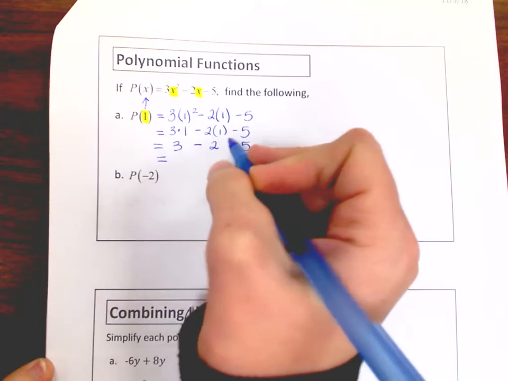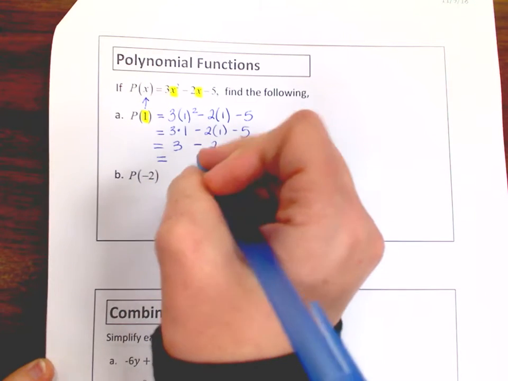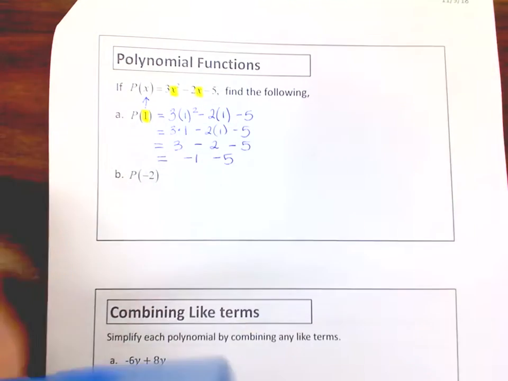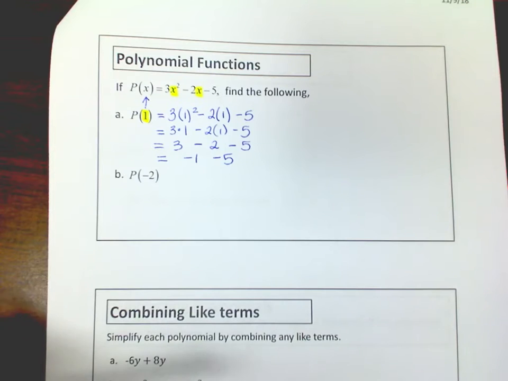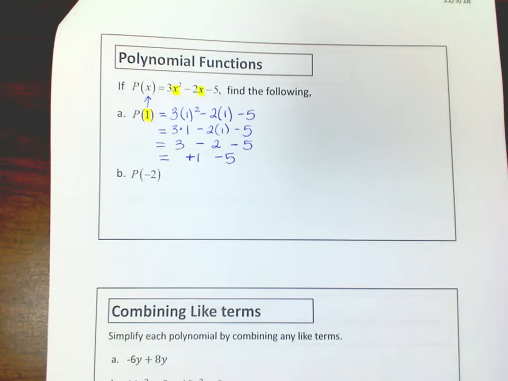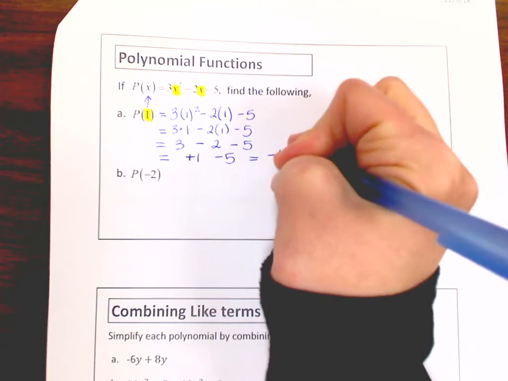Okay, and left to right, addition and subtraction work left to right, so 3 minus 2 is negative 1, and negative 1 minus 5. Oh, not negative 1. I messed that up. Excuse me. 3 minus 2 is positive 1, and then positive 1 minus 5 is going to equal negative 4.